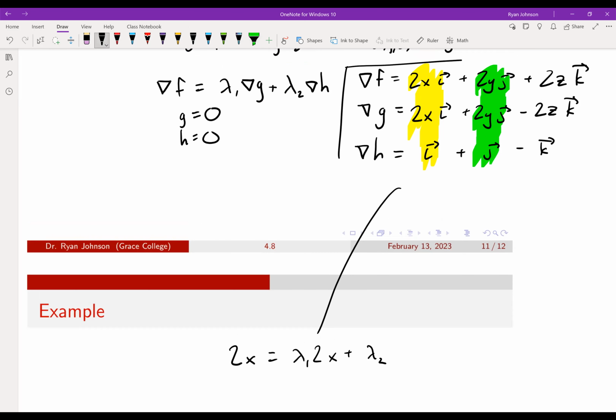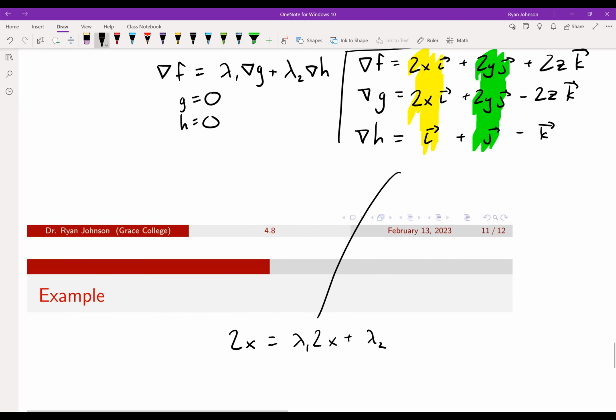And in this case, the j's give us 2y from f equals lambda 1 times 2y from g plus lambda 2 times 1 from h.